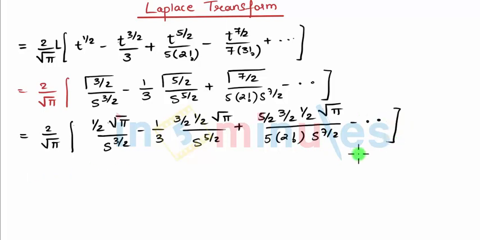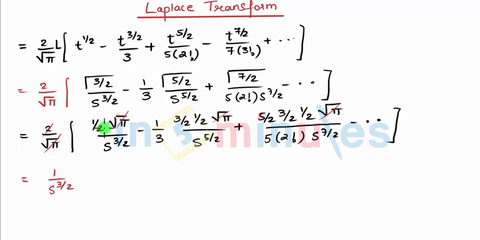Again, to make it a standard series, we need to take something common. Root pi gets cancelled with each term. I can say root pi cancels with all the root pi's, and finally I'm taking 1 upon s raised to 3 by 2 common, and 2 also gets cancelled with every term.